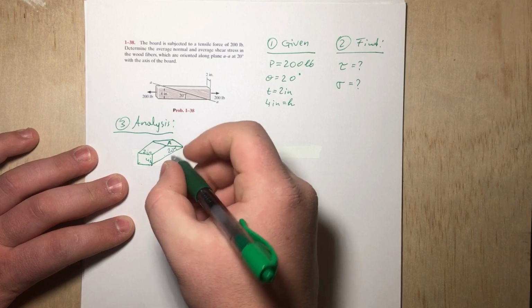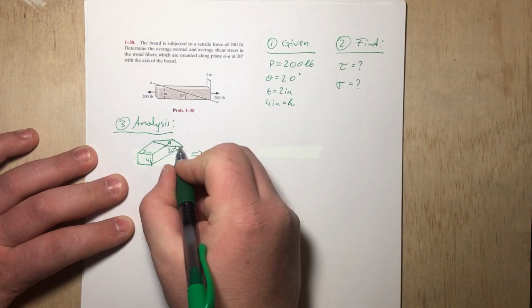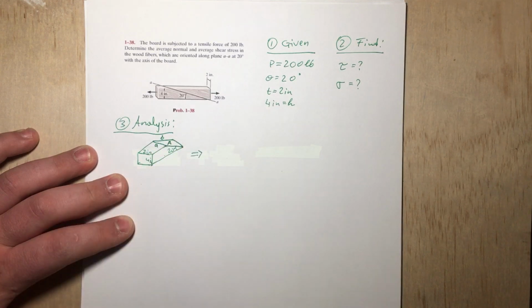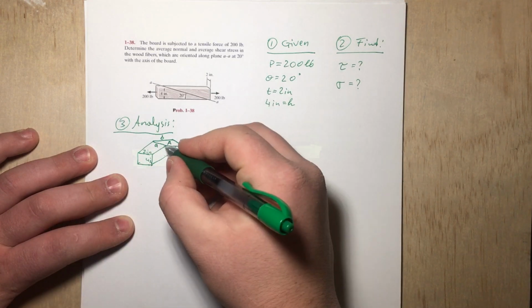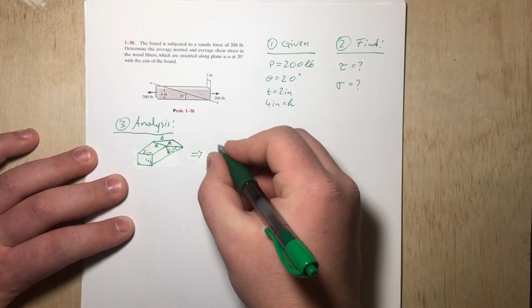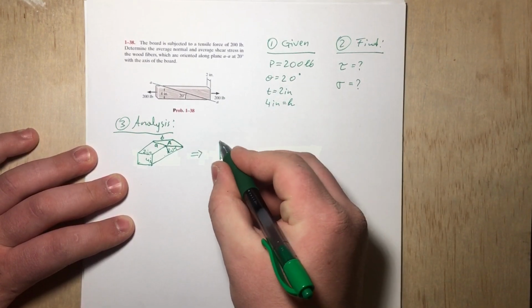Looking at this picture, we need the sides, let's call them side B and side A. Side B is nothing other than just using the right triangle. It's really easy to find, right? This translates to this triangle right here.